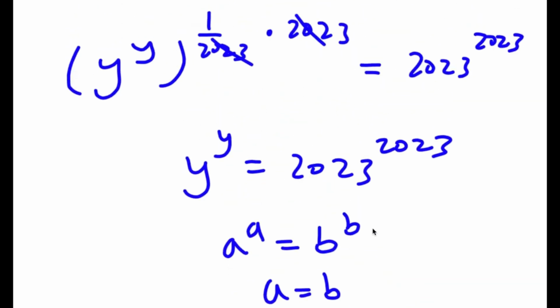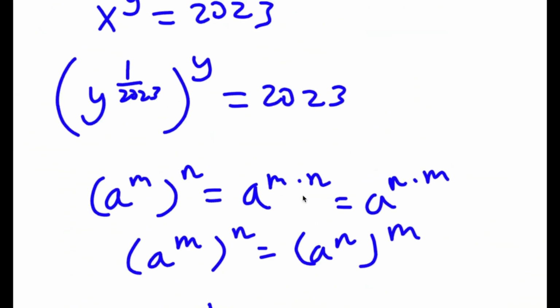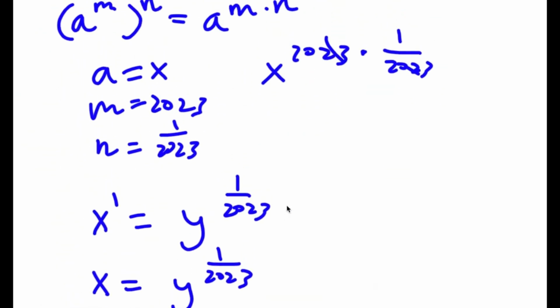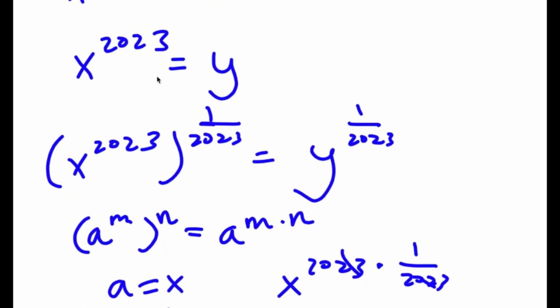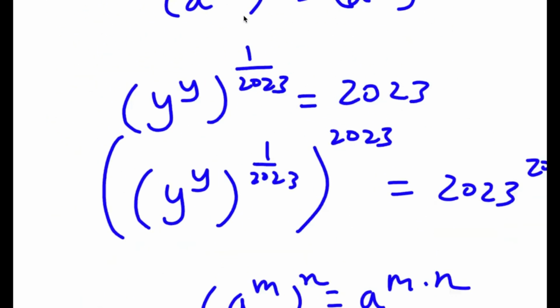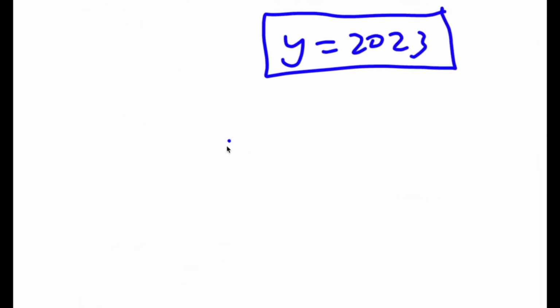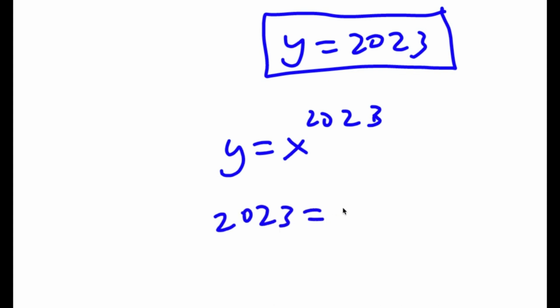However, we are not done yet because y isn't what we're solving for, we are solving for x. And remember, we set y equal to x to the power of 2023. So if y is equal to 2023, then I have 2023 is equal to x to the power of 2023.